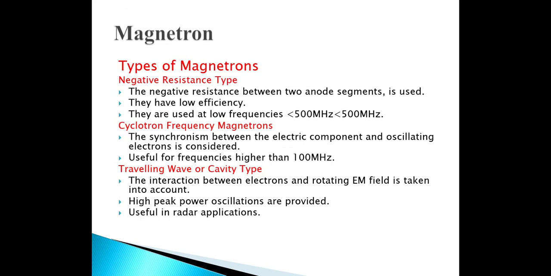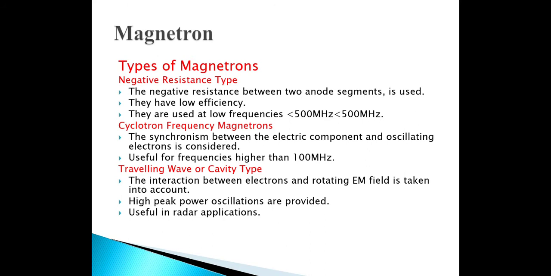Basically there are three types of the magnetron. First one is the negative resistance type. The negative resistance between two anode segments is used, that's why it's called a negative resistance type. They have low efficiency and are used at frequencies less than 500 megahertz.